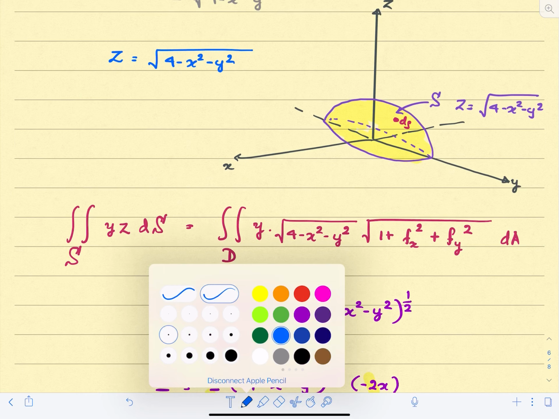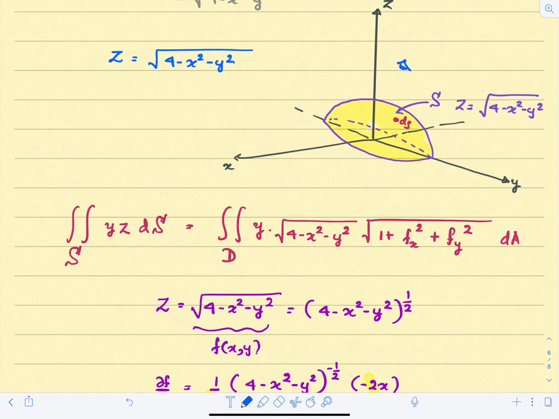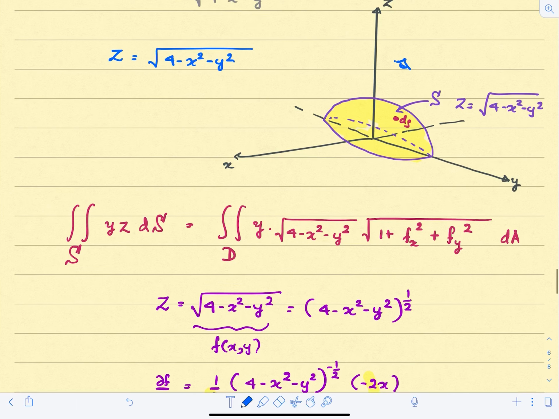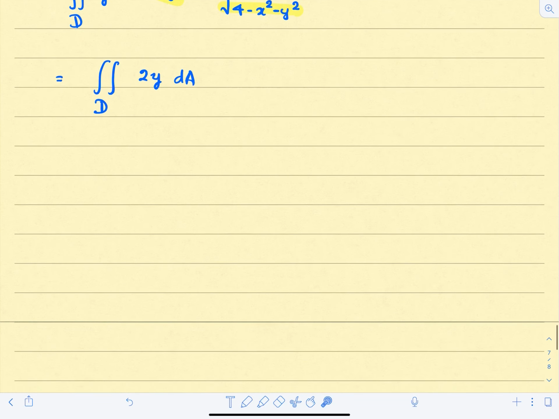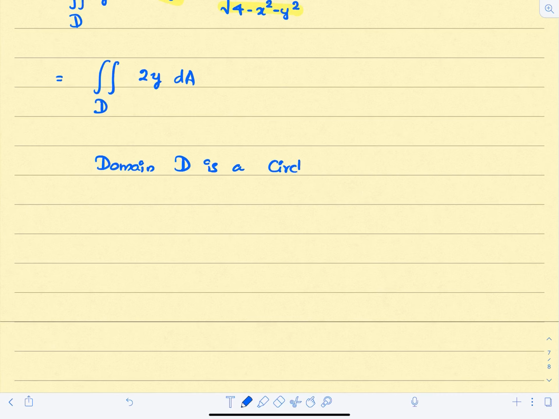Now if you look from the top, you will see the projection of this surface S on the xy plane, and your domain D should be a circle with radius 2, because on the xy plane your z coordinate equals 0, and you will get the equation of a circle with radius 2.